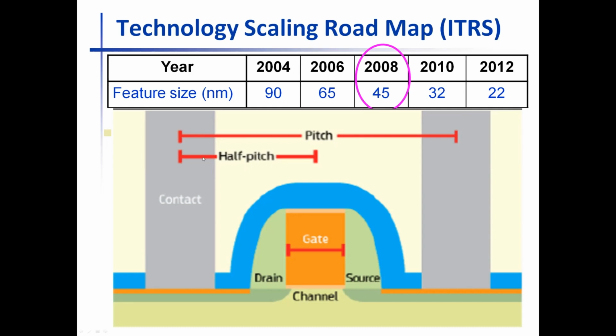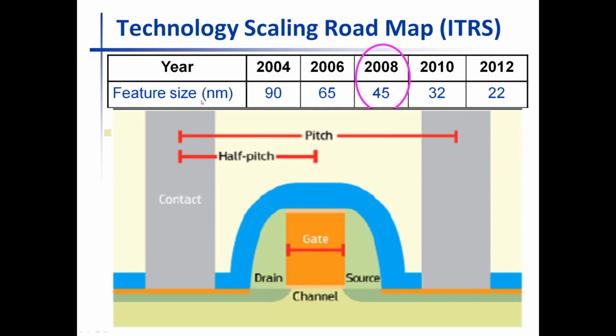Sometimes manufacturers use this half pitch as the definition for feature size, but most commonly they use this distance shown here, the distance between the drain and source of the transistor, or the width of the channel, the width of the gate. So they use that distance as the feature size.